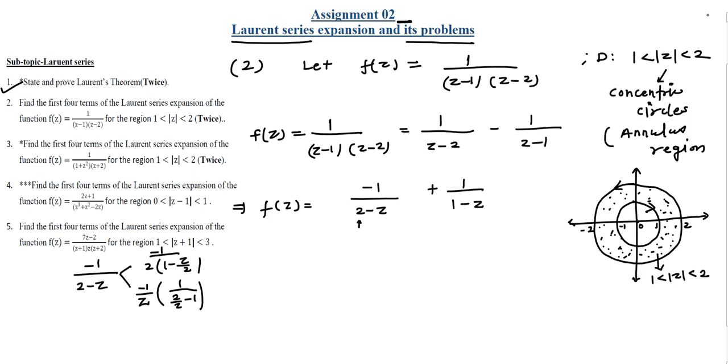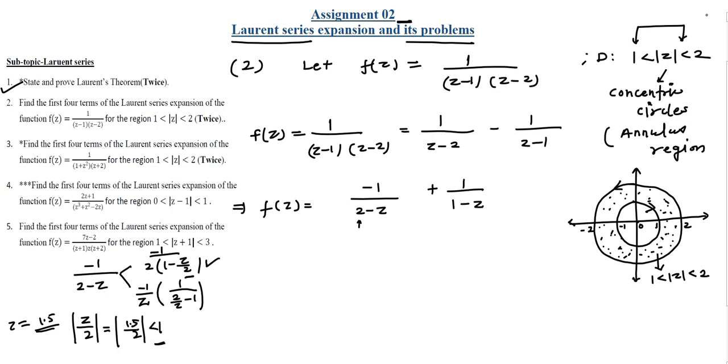But we have to take a point from the domain D. If I take z = 1.5 and put it here, then |z/2| = |1.5/2|, and this value will always be less than 1. This series will be convergent if |z/2| < 1, so this is possible.